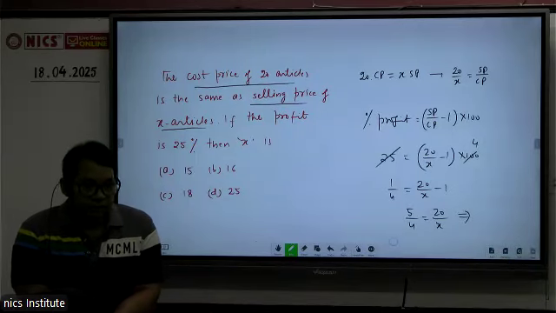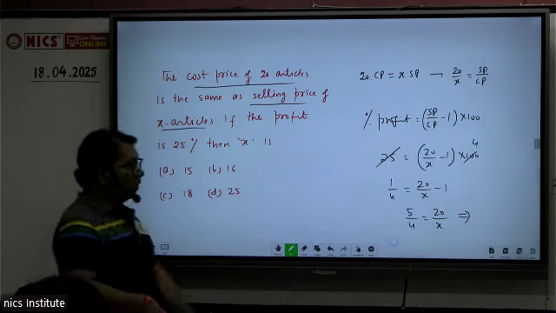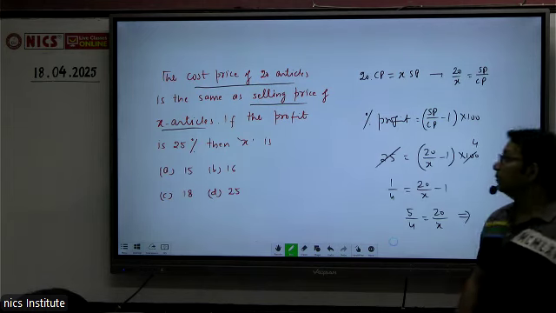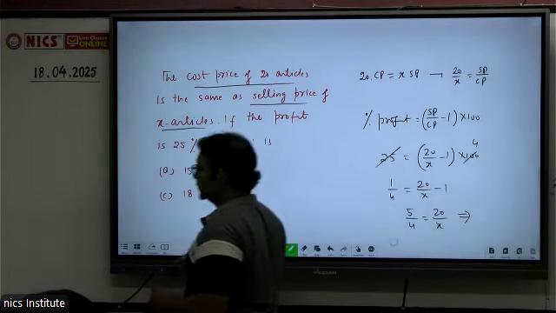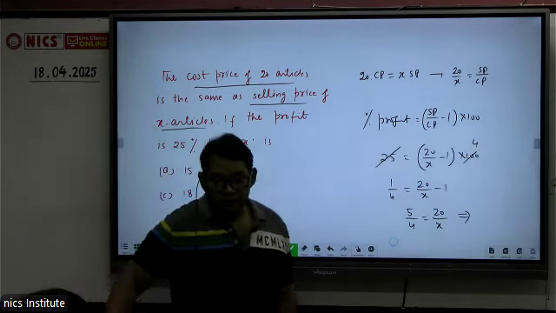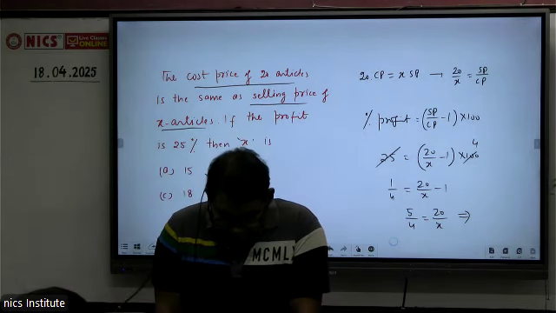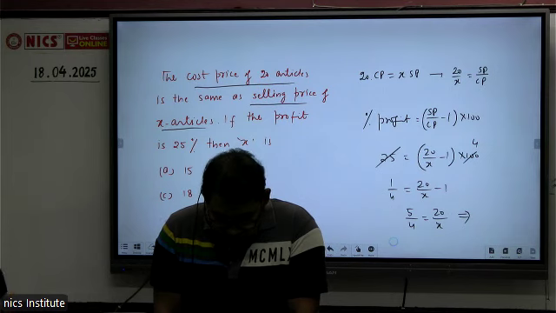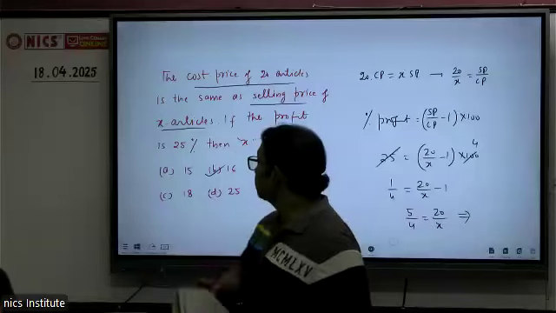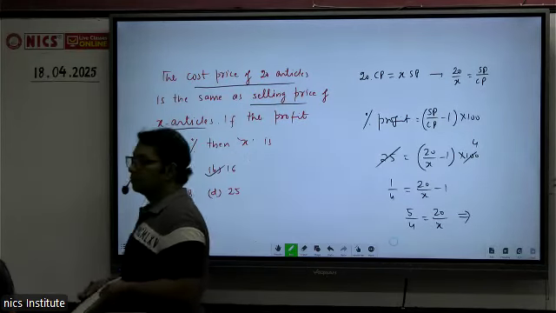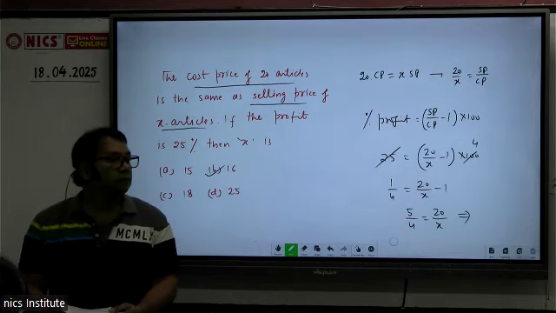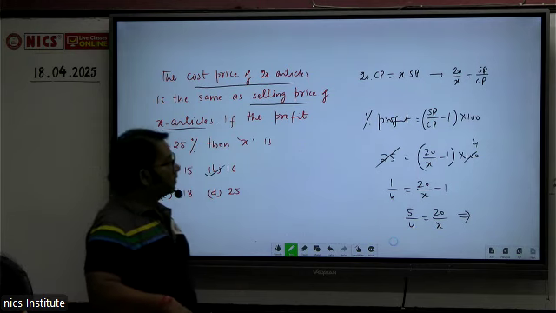CP is 16. CP is always cost of one article. SP is always selling price of one article. The answer is 16. So CP and SP would be always for one article.